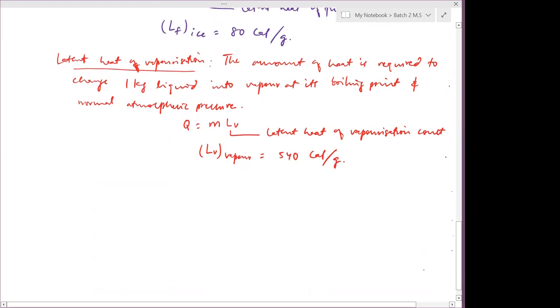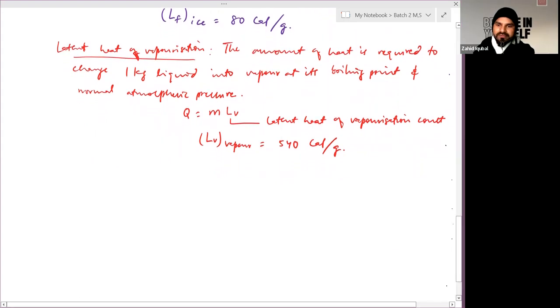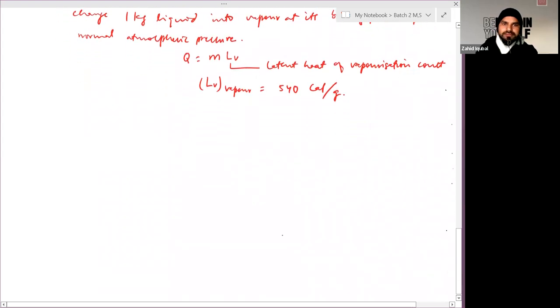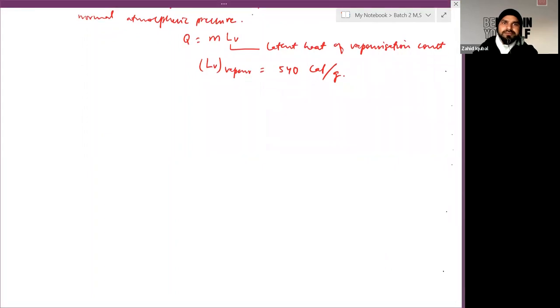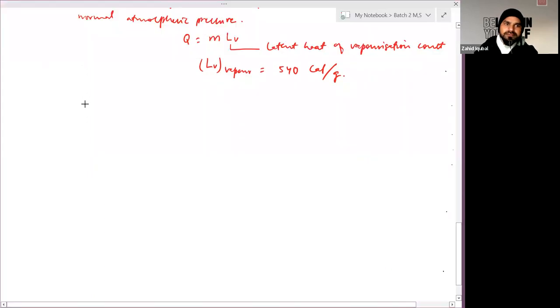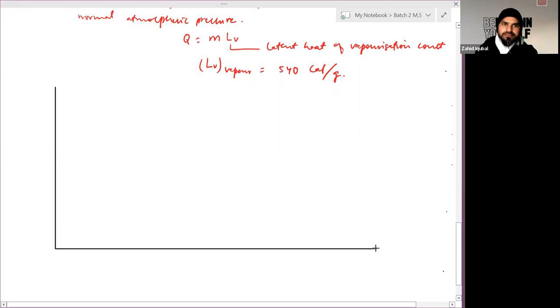Okay. So to define all these different terms, let me draw a graph. Let's say this is temperature versus heat.